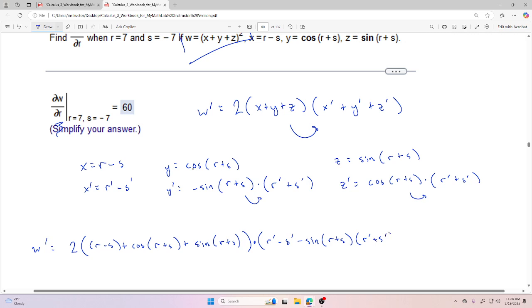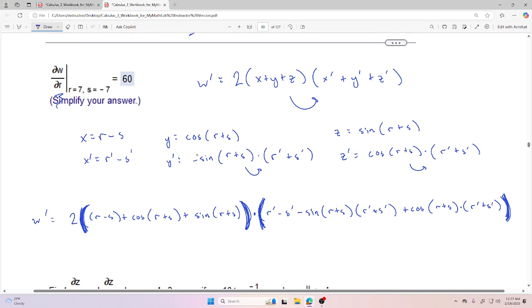It's a plus. And then finally, cosine r prime plus s prime. Let me make sure this is big parentheses here, and this is big parentheses here, just so that we know what we're doing there.